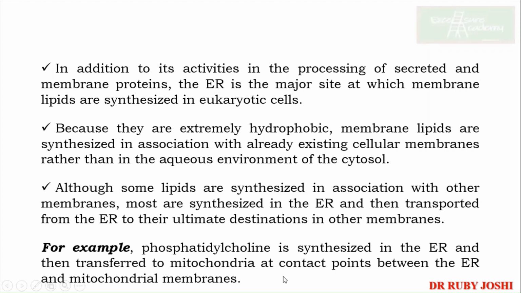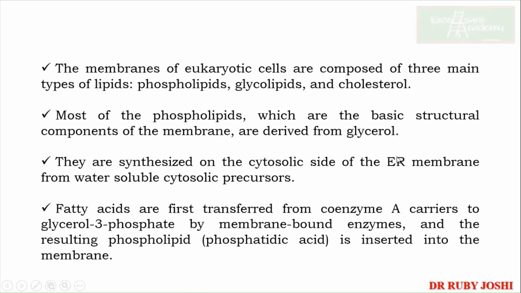For example, phosphatidylcholine is synthesized in the ER and then transferred to the mitochondria, where it is going to get inserted. We'll come to that. With the figure, it becomes more clear actually. The membranes of the eukaryotic cells are composed of three main lipids: phospholipids, glycolipids, and cholesterol. We all saw that, and they have the base of glycerol. Now they are synthesized on the cytosolic side of the ER membrane from water soluble cytosolic precursors. Okay, because of this, it will happen only on the cytosolic side.